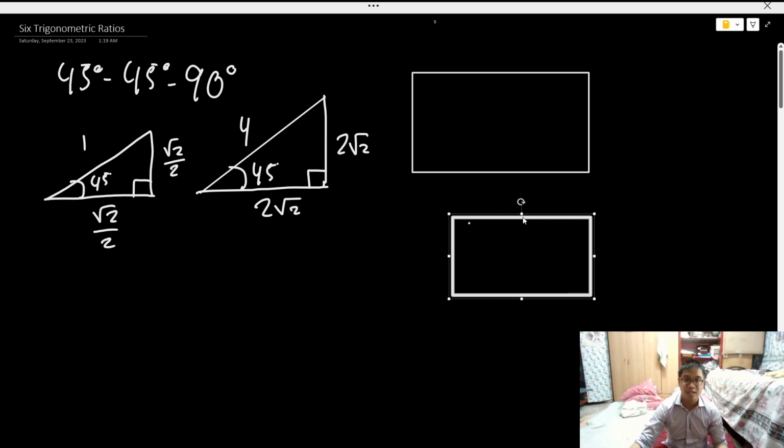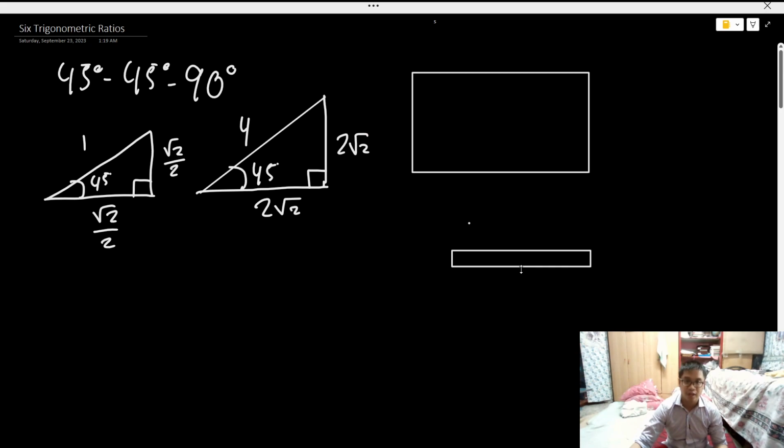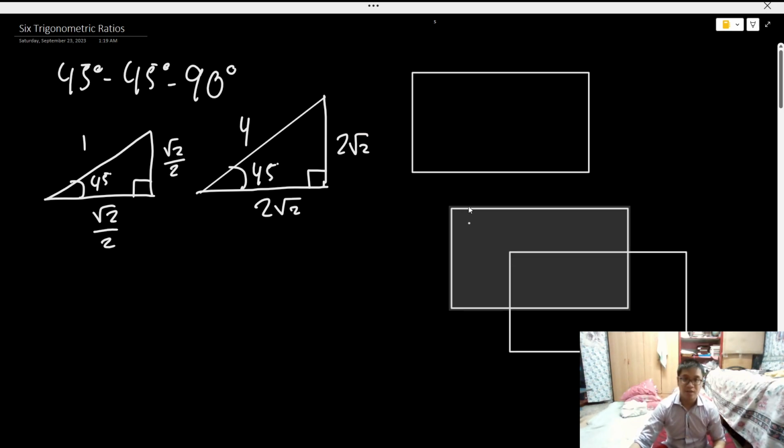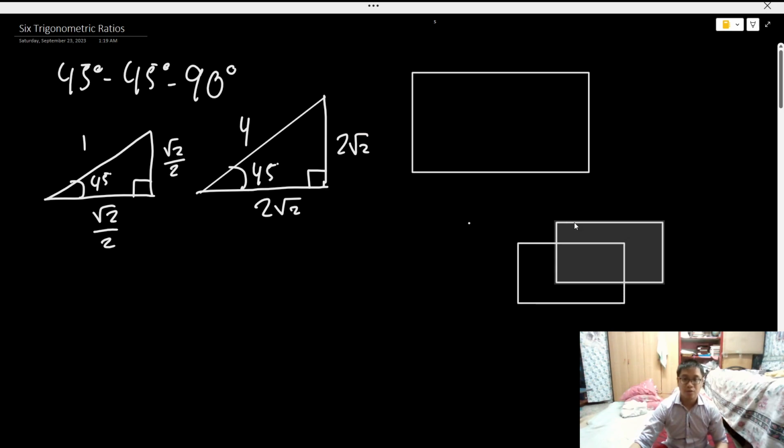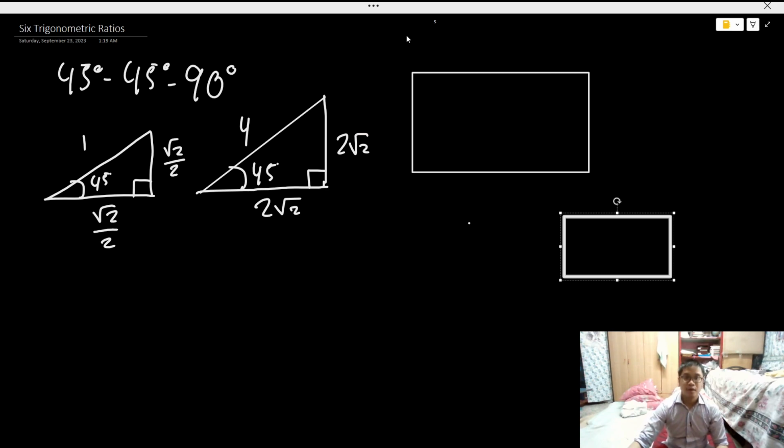I never decrease it like this, or like that, or like that. No, no, no. I decrease all sides at the same rate. So you see, these two rectangles are similar to each other.